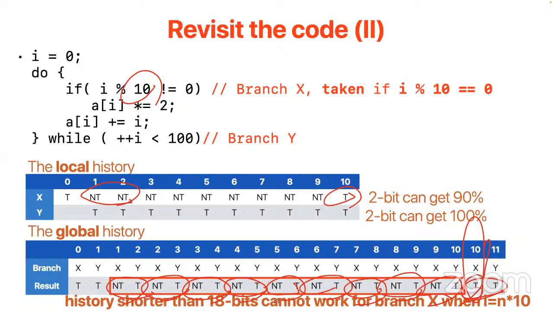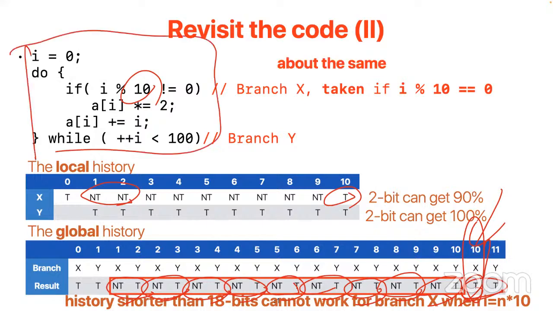So the global history one will still miss for this particular case. That's why if you review the class question we have on this piece of code, we say the performance of these 2 predictors on this piece of code is about the same, because no one can do a good job on this rarely happening branch.